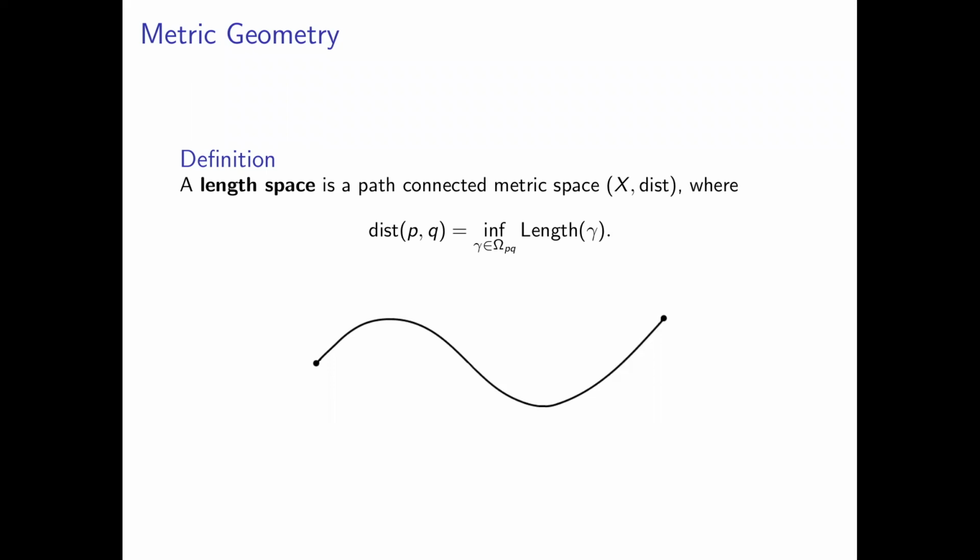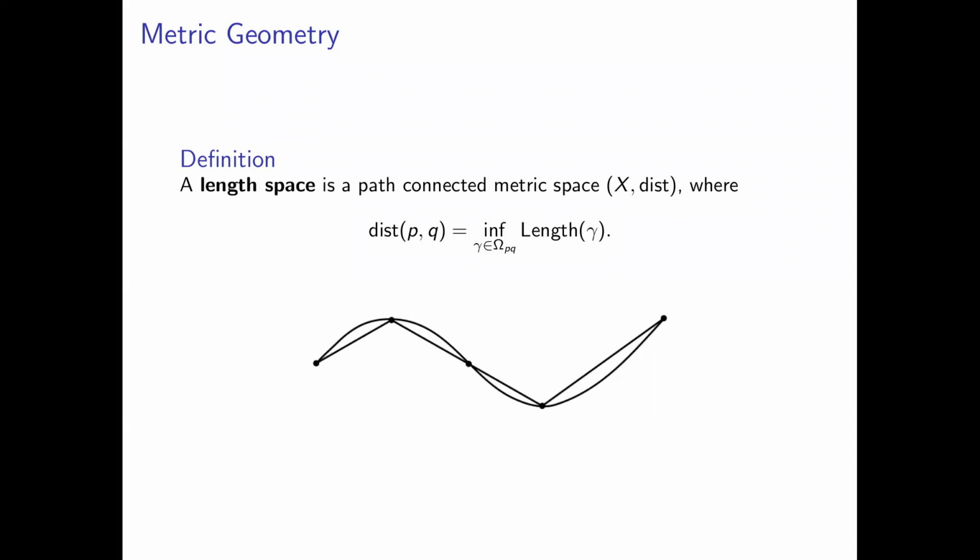How do you define the length here? The idea is this. You take a curve, and take a partition of the interval in which it is defined, then you look at points and at the distances between consecutive points.